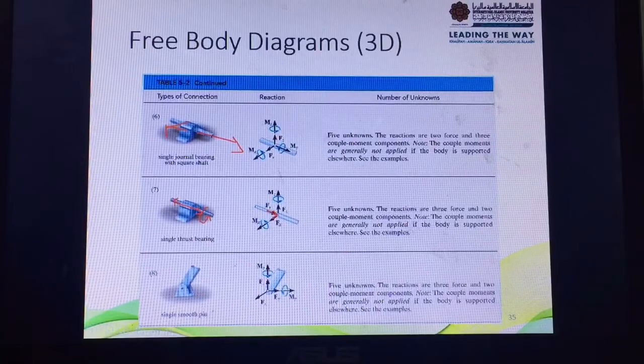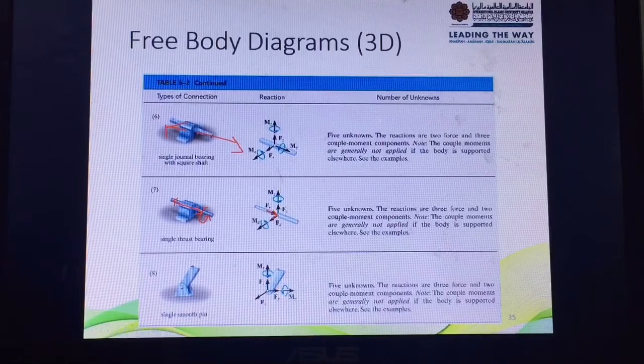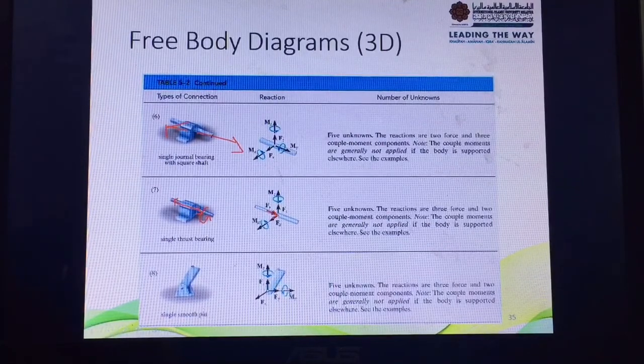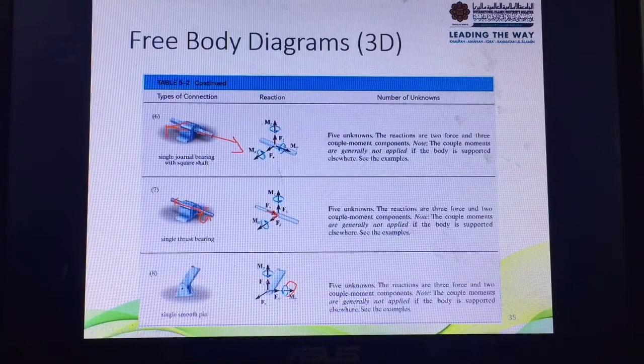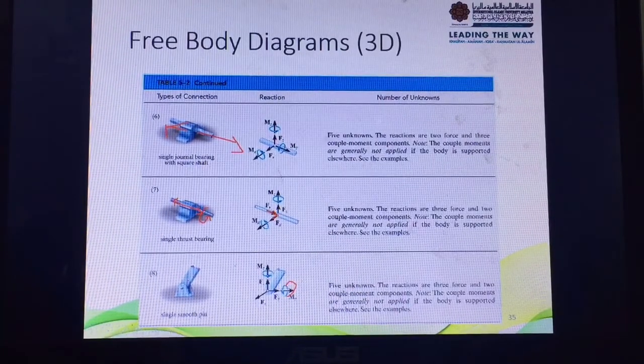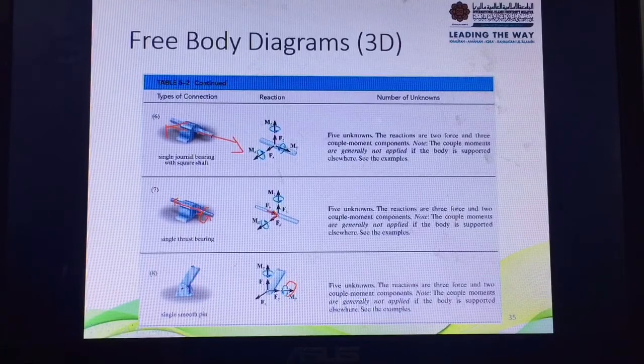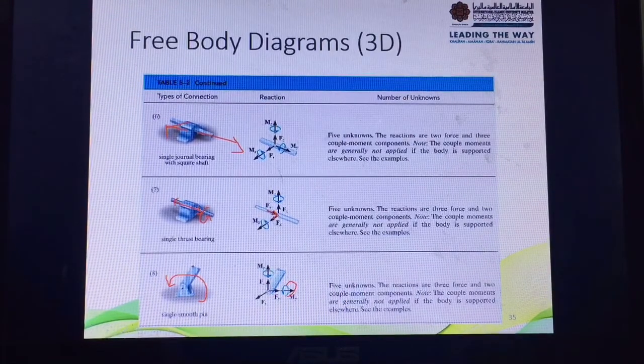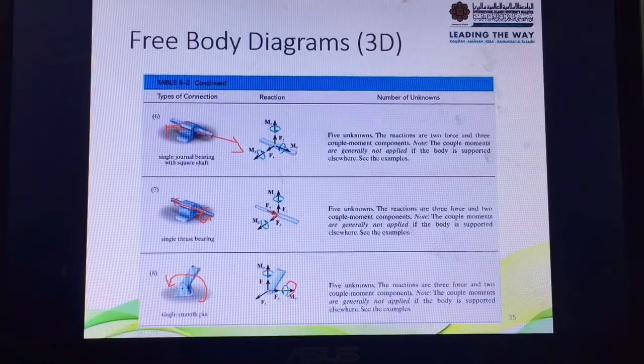But for the single smooth pin in 3D, you have Fx, Fy, and Fz because it prevents the translations, but you also have the couple moments my and mz. What does that mean? This bar is only allowed to rotate in this direction. In the other directions, the y and z directions, it is not allowed. That's why there is no mx here. There is only my and mz.